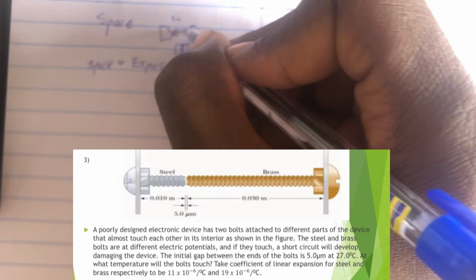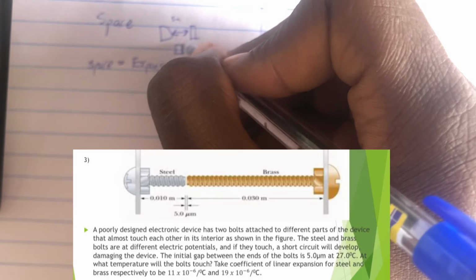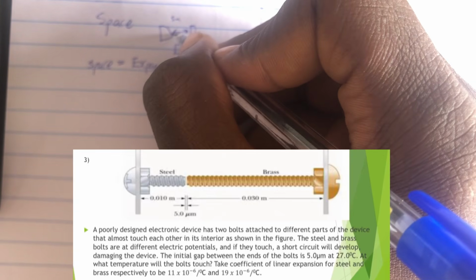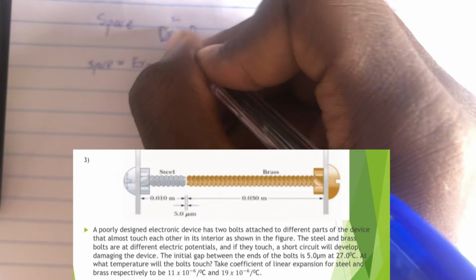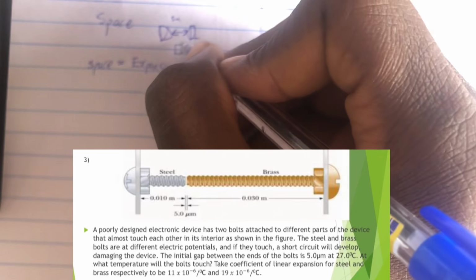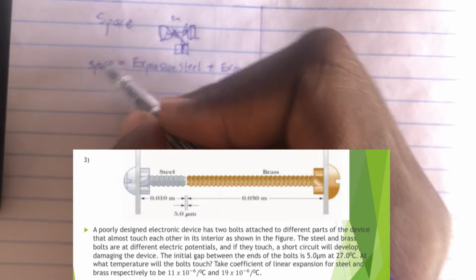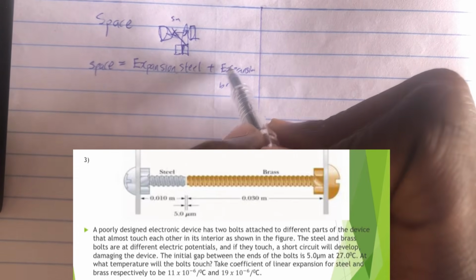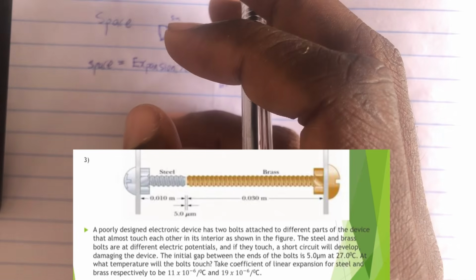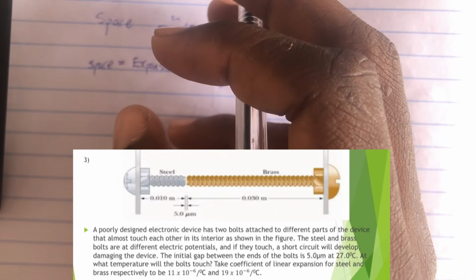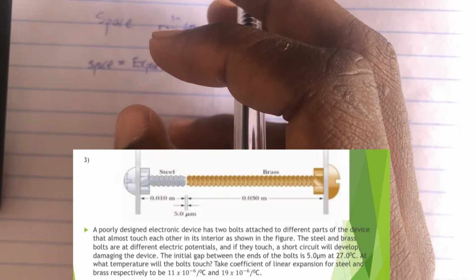The initial distance between the two bodies, when they come together, is going to be the distance this body moved plus the distance the other body moved, because both bodies occupy that space. So it's the same thing here: the space is the expansion of the steel plus the expansion of the brass. If we can get that, it will be very easy for us to solve it.